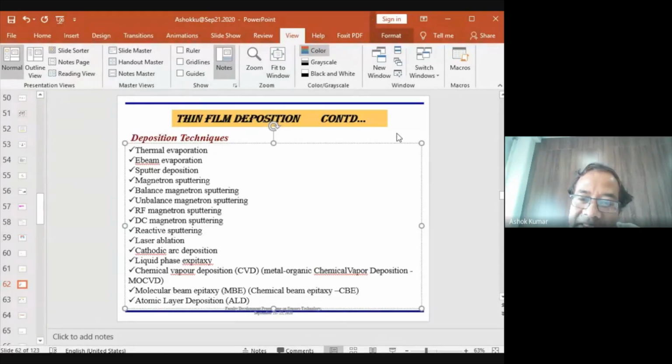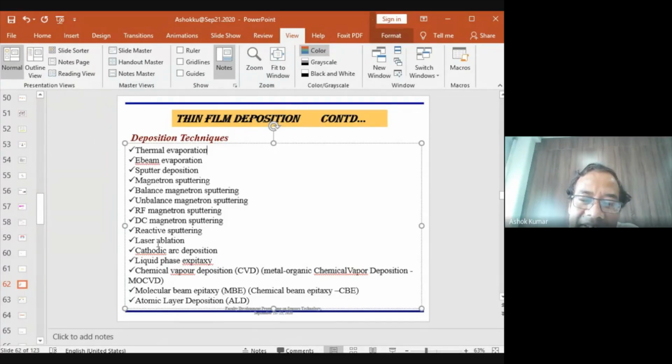There are exceptions like molybdenum trioxide that evaporates at about 600 degrees centigrade. But in general, all ceramics or oxides evaporate at very high temperature. So techniques such as E-beam evaporation, sputtering, magnetron sputtering, or laser ablation are very good techniques. Thermal evaporation is not considered a very good technique for depositing or making nanoparticles of ceramics by physical vapor deposition.